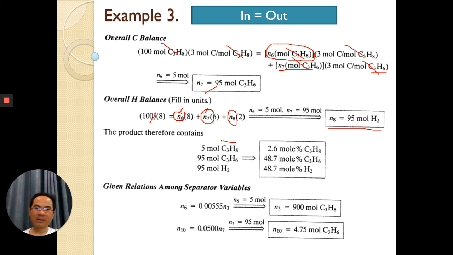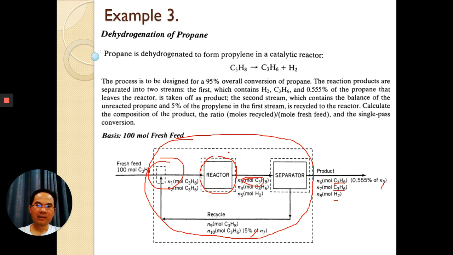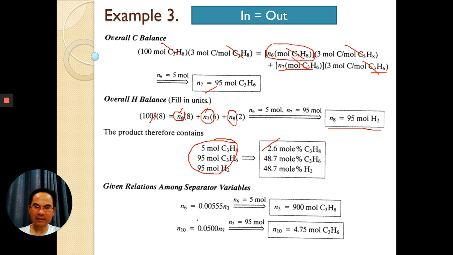The summation of these is the total mole of product. Then you divide the 5 by the total, you get the fraction, and you multiply by 100, you get mole percent. So you can calculate the composition of product. Moreover, in this case, N6 is equal to 0.0055 N3, so you can solve for N3 also.